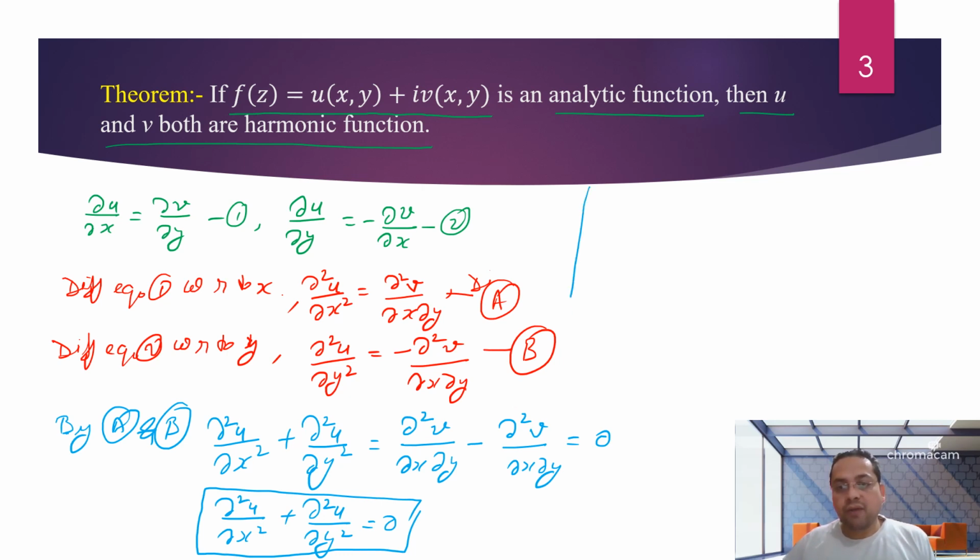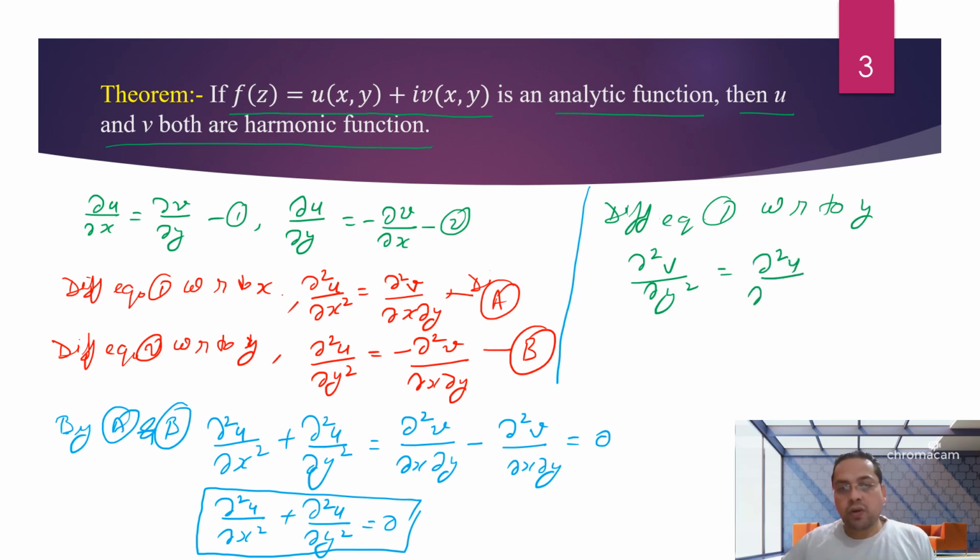Now to prove function v is also a harmonic function, we will differentiate equation 1 with respect to y. We will get del square v by del y square is equal to del square u over del x del y.